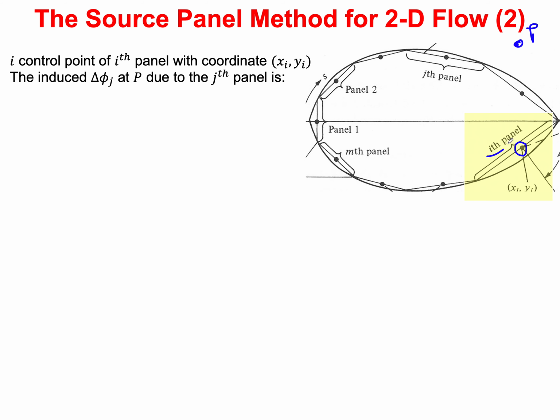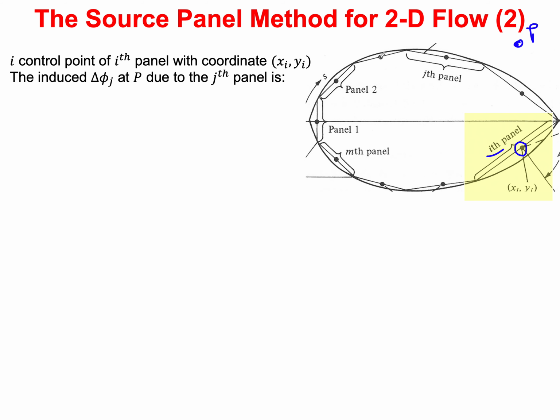we are saying what are the velocity components, the u and the v, the horizontal and vertical velocity components of the velocity vector at point I, and to do that we need to sum up the velocity contributions.